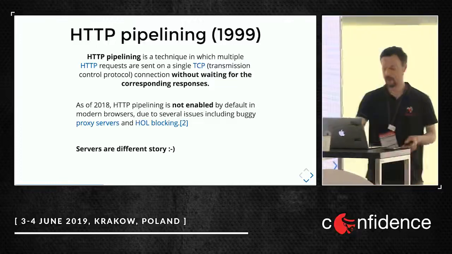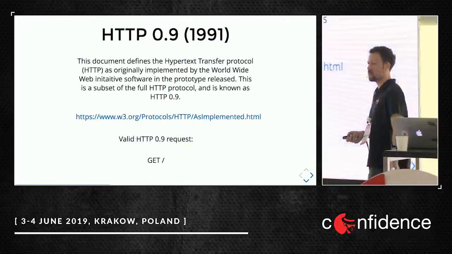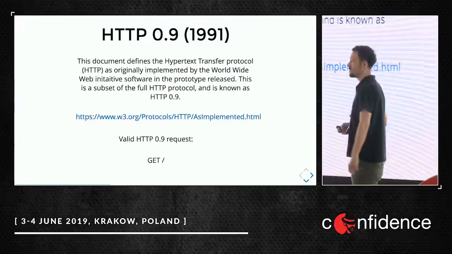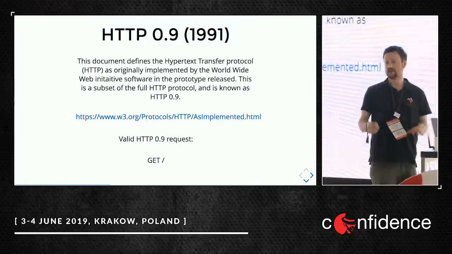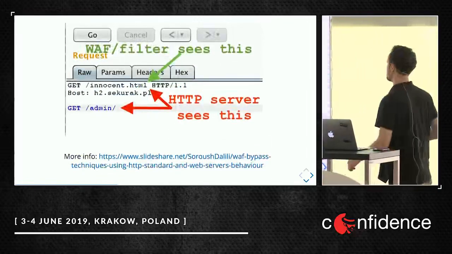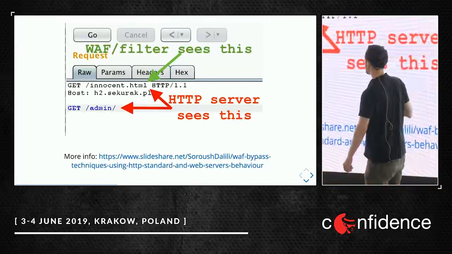This is one thing. And this stuff is HTTP version 0.9 protocol. And surprisingly, many HTTP servers still support this old version. So we have 2 things here, HTTP pipelining and then this HTTP 0.9.